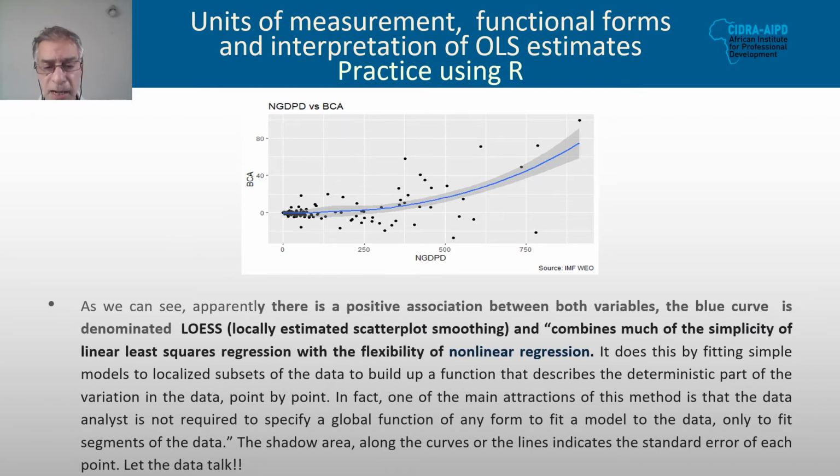This is very descriptive because it's just telling us that at the very beginning we see a positive relationship between NGDPD and BCA, but it's not a linear relationship. Indeed, it's more or less curve shaped. So then we are going to compare this when we get to the linear regression and try to see the difference.